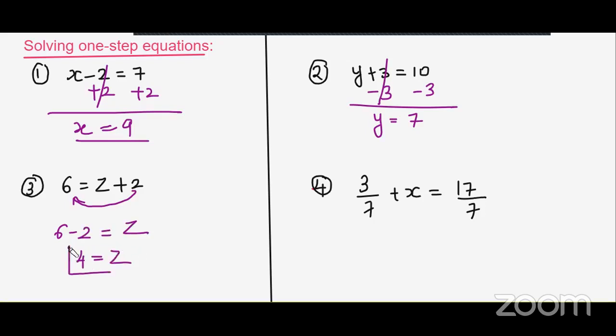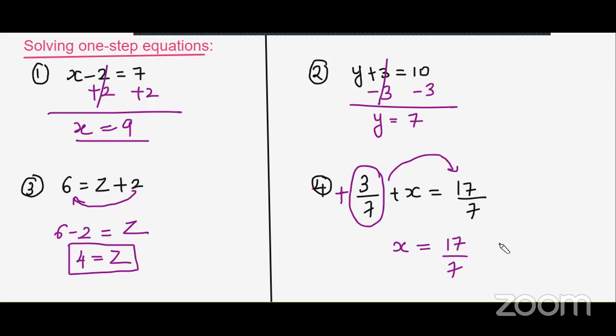Clear? The same rule comes for the fractions. I have 3 by 7 on the left hand side, which I have to shift to the right hand side. I'm going to write the additive inverse of 3 by 7. Indirectly, it's a plus 3 by 7 on the left. When you shift it to the other side, it becomes minus. So 17 by 7, the term is not shifted. So that will remain as such, no change in it.